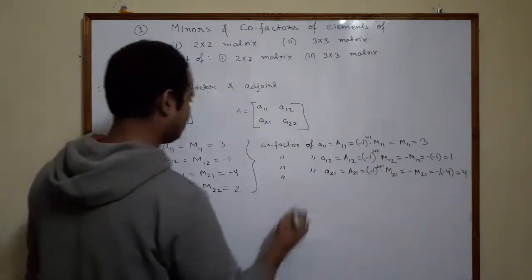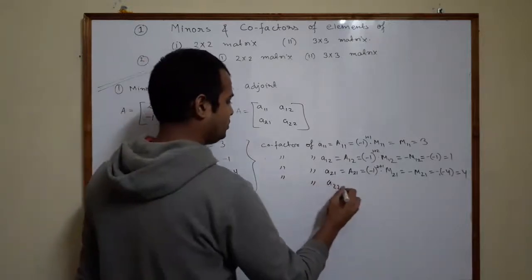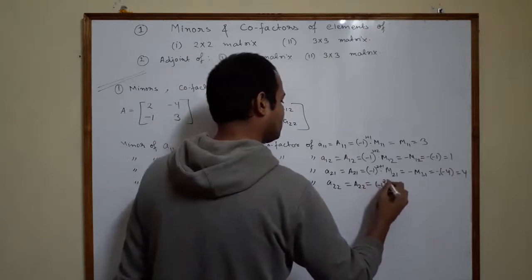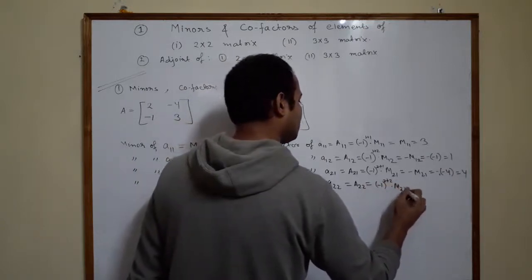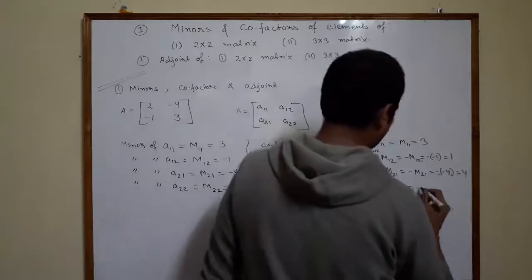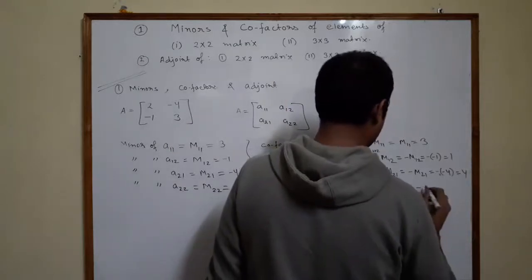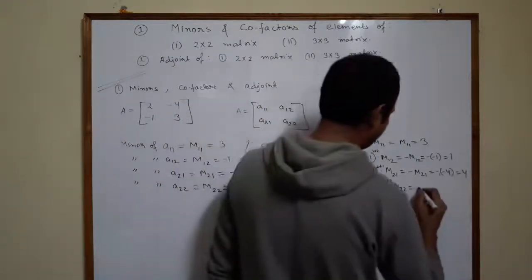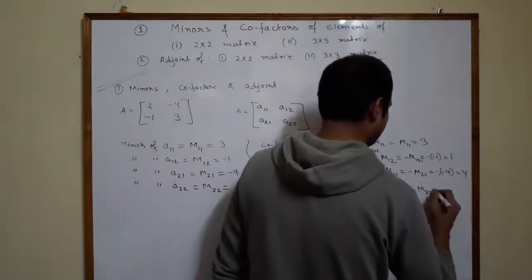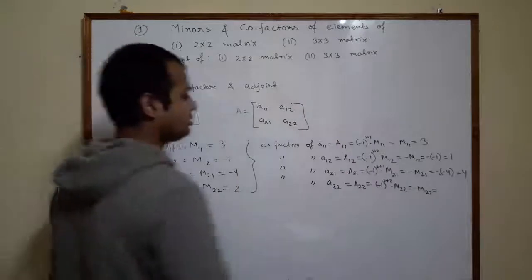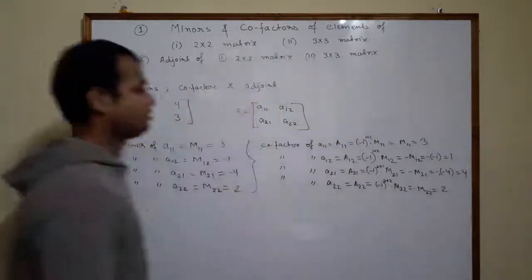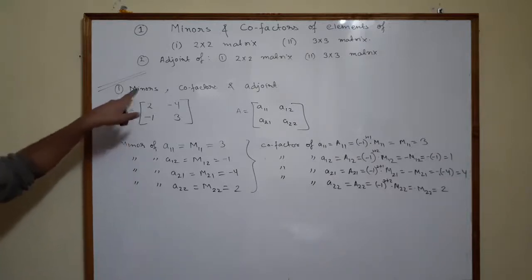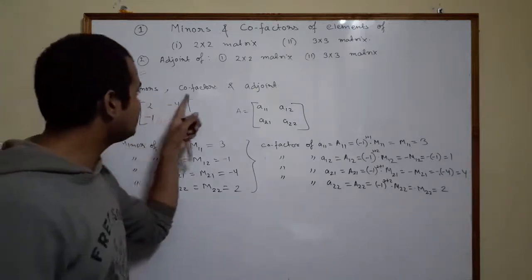Then the cofactor of A22: minus 1 to the power 4 means positive, so simply copy the minor, which gives 2. This is how we find the cofactors. So we are done with minors, and we are done with cofactors.